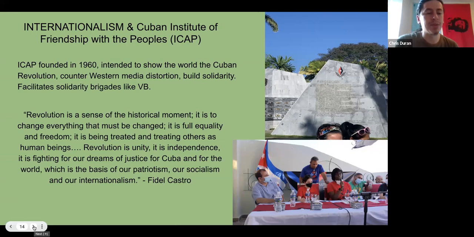And the quote reads that revolution is a sense of a historical moment, it is to change everything that must be changed, it is full equality and freedom, it is being treated and treating others as human beings. Revolution is unity, it is independence, it is fighting for our dreams of justice for Cuba and for the world, which is the basis of our patriotism, our socialism, and our internationalism.